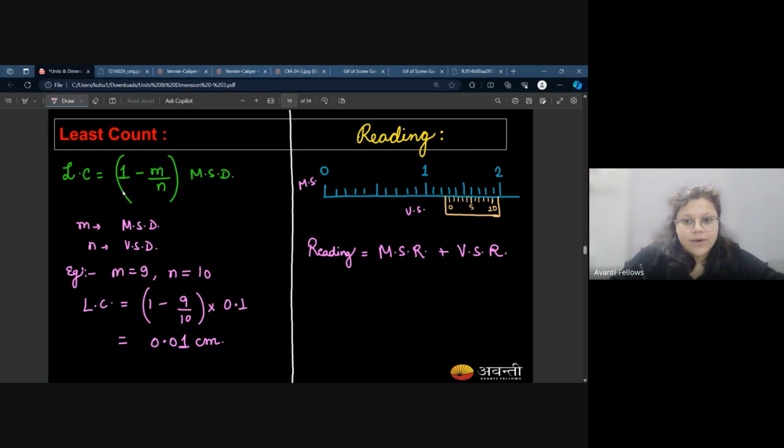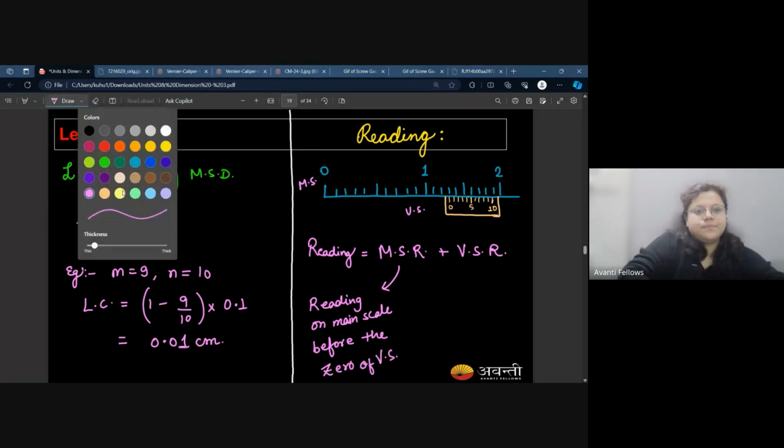Main scale reading is the reading on the main scale before the 0 of the vernier scale.